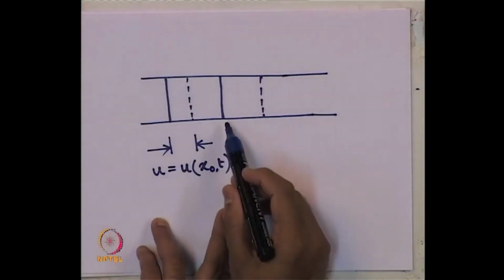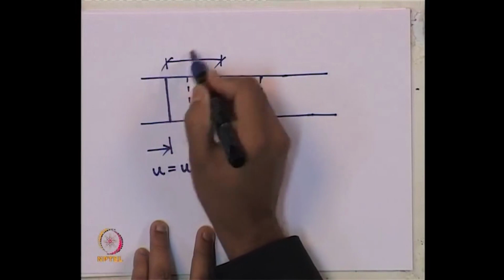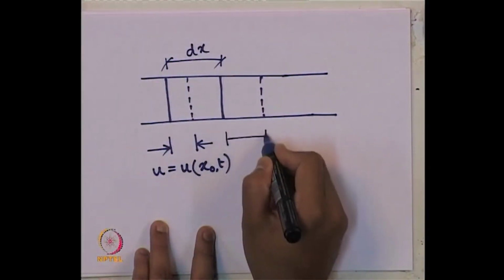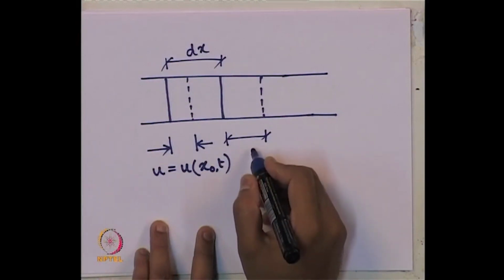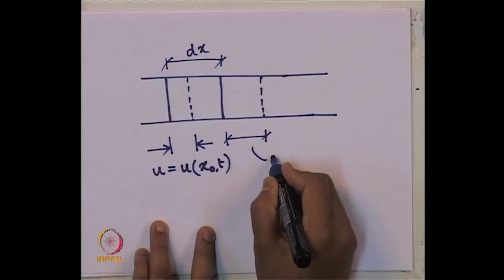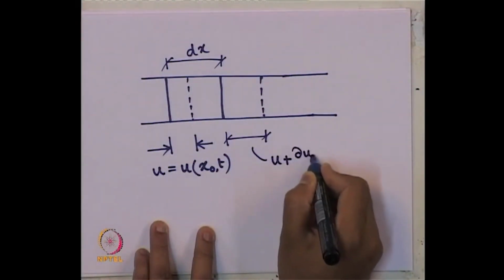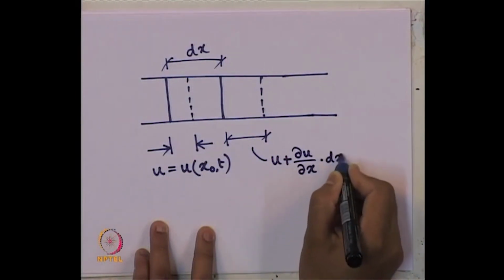And at the end of the element dx, what are we considering? The displacement of this end due to the travel of this longitudinal wave is u plus del u del x times dx.